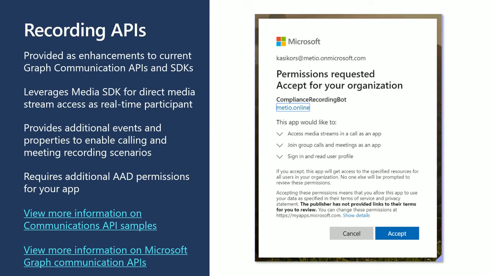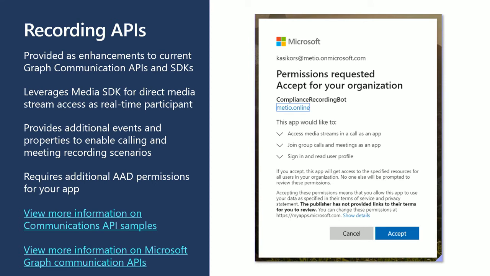Now, with that platform work, this is the other piece that we're very excited to bring forward, which is on top of the communication APIs that we released this time last year. We're now introducing some enhancements for recording specifically. These enhancements are in both the core APIs as well as some enhancements to our different SDKs.